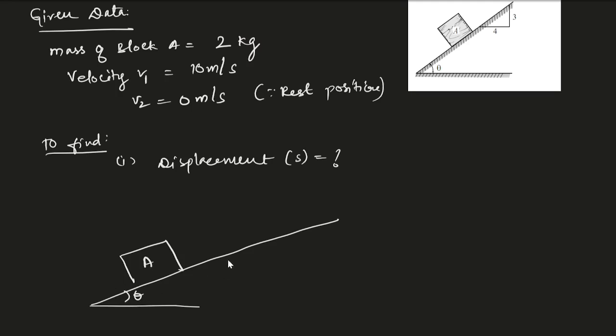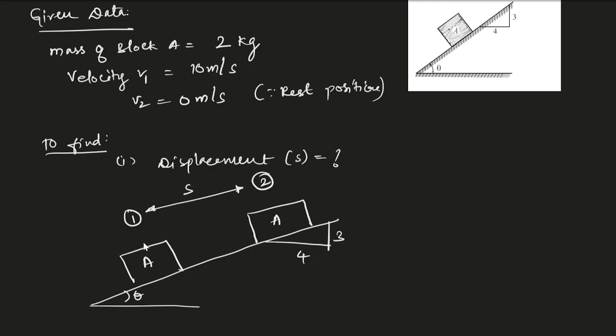They have not given theta directly, they have given the slope, which is 4, 3. The same block is moving upward. This is your position 2, and this is your first position initially. So we need to find the displacement between these two positions.